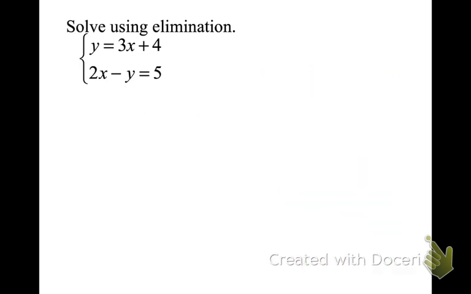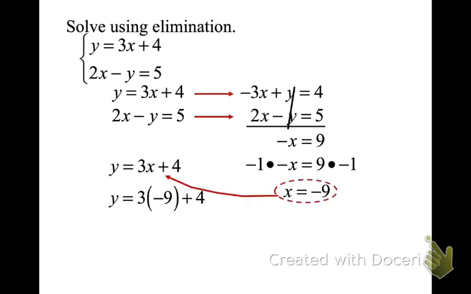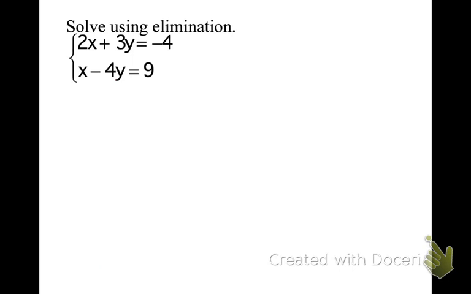Now, sometimes I really should have shown you the work like that. Sometimes, notice, is there an additive inverse here that we can do? No. So we have to manipulate an equation.